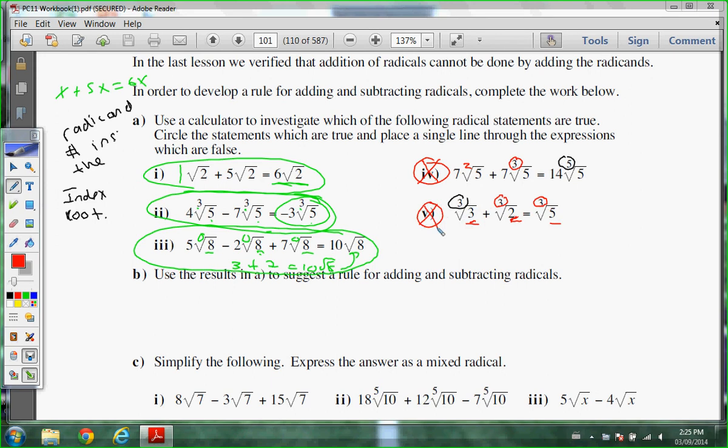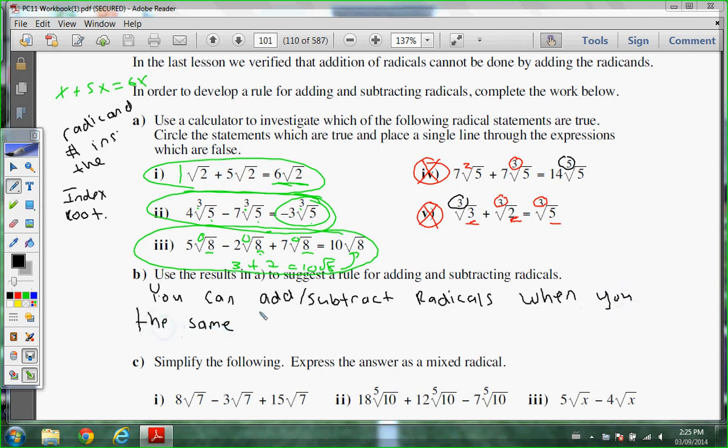It says use the results to suggest a rule for adding, subtracting radicals. You can add and subtract radicals when you have the same index and radicand.